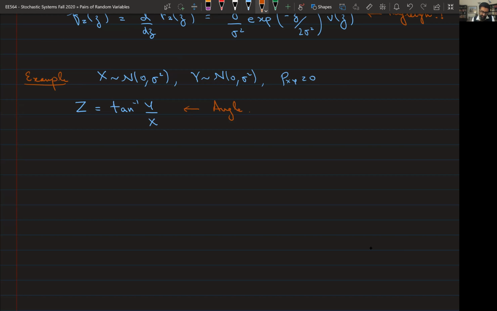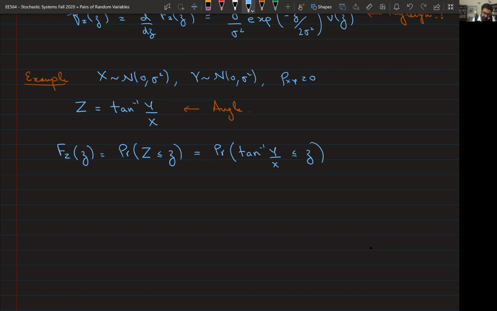So how do I go about this? I follow exactly the same methodology. I am going to find out what the PDF is. So this is the probability that capital Z is less than or equal to small z, which is the probability that tangent inverse y by x is less than or equal to small z.